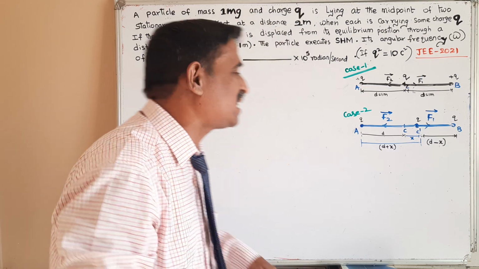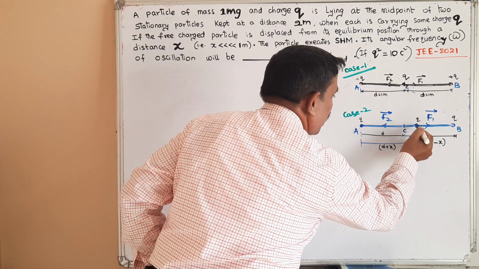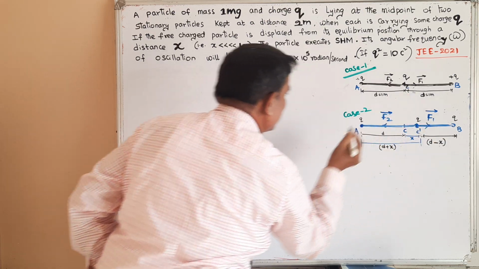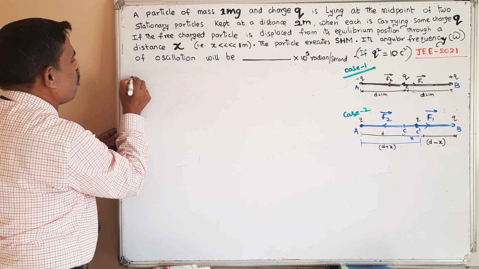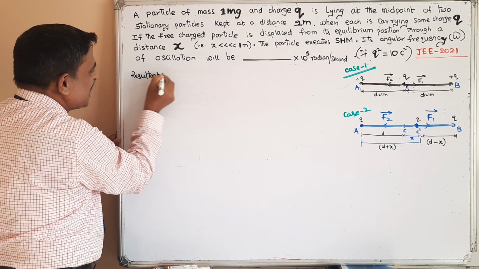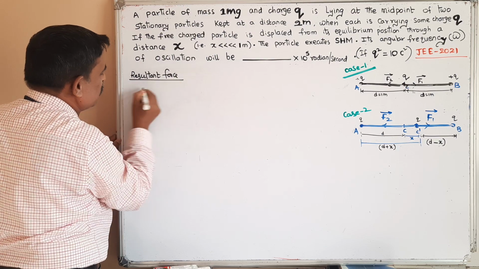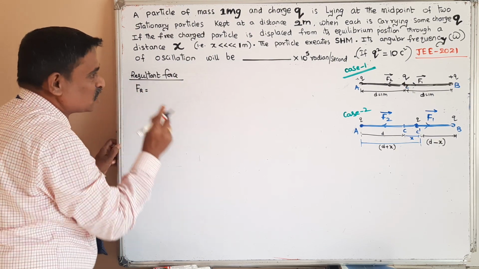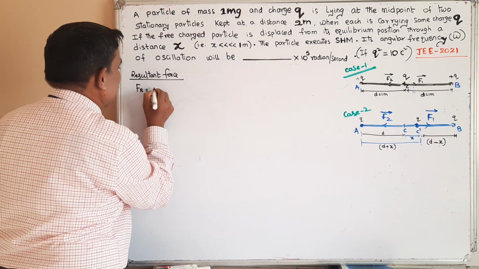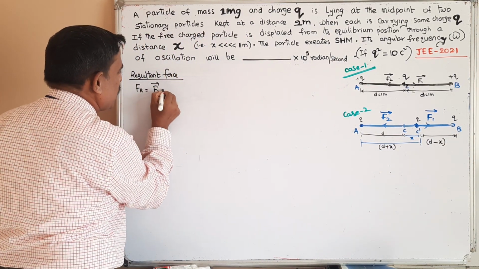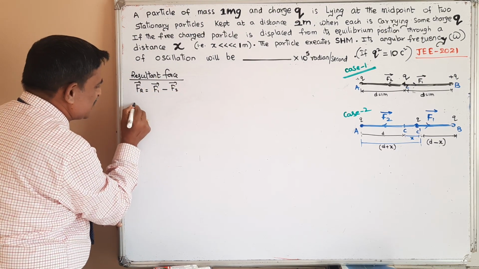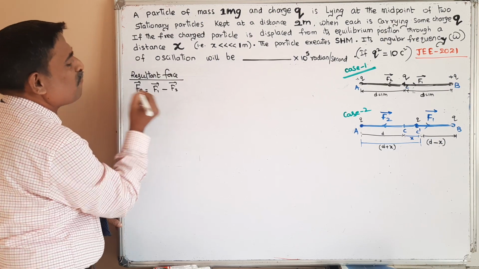Resultant force on the third charged particle, the free charged particle at the point C dash: Fr is equal to F1 minus F2, both are opposite in direction.